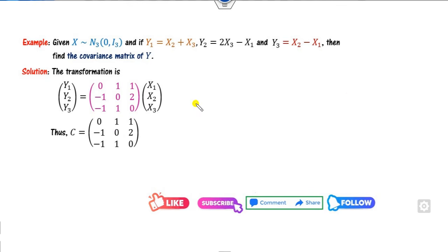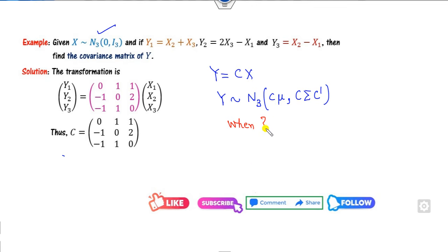Now, because I consider y equals cx, y also follows the multivariate normal distribution with parameters c sigma c transpose. When can you write that? Only when you prove that c is non-singular. Fine. How can you prove that c is non-singular?